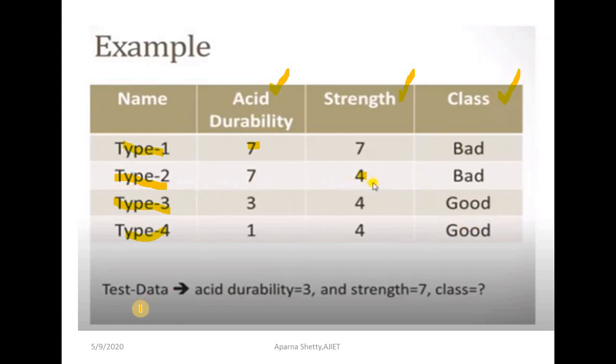These are the class labels of the training records. Next there is this test data with acid durability 3 and strength equal to 7.